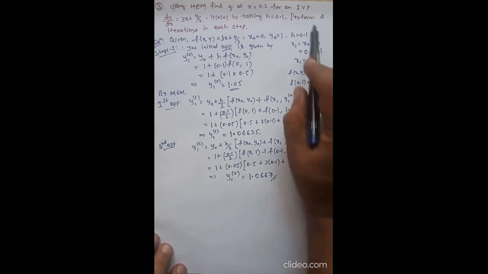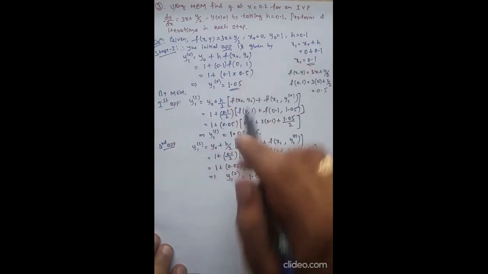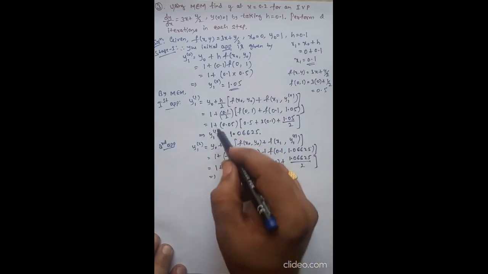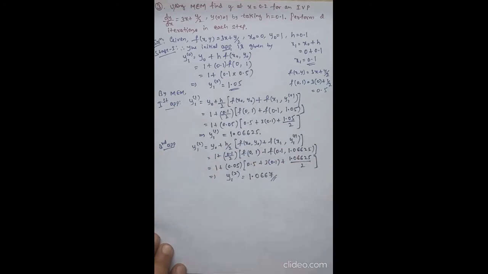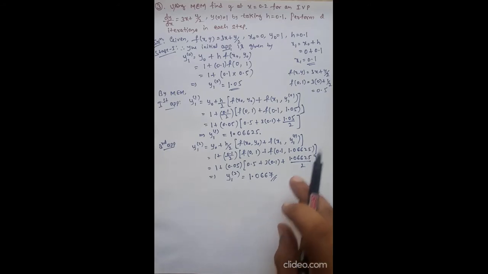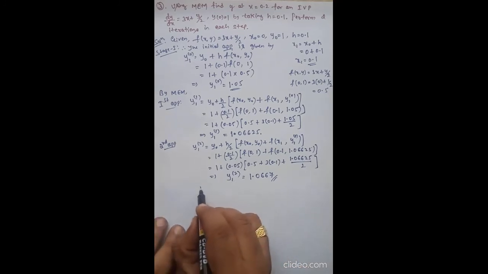Now in the problem already they have mentioned, perform 2 iterations in each step. So in the first stage already we did 2 iterations. First iteration, second iteration. So once you compute 2 iterations, you can go to the second stage. See, this is not a final solution. Already I said the problem has to be done in 2 stages. But actually this is the value of what?